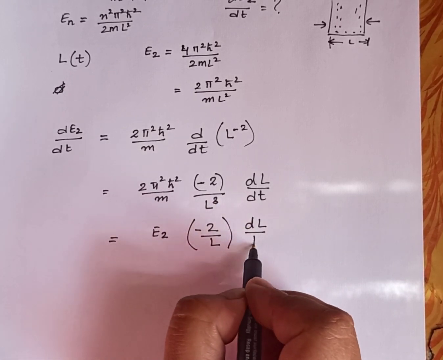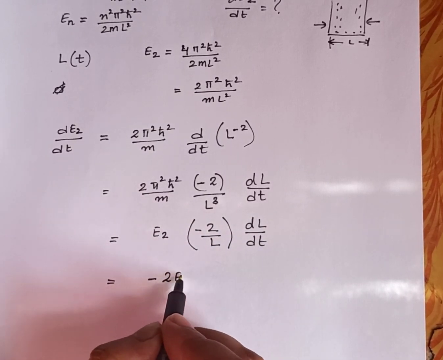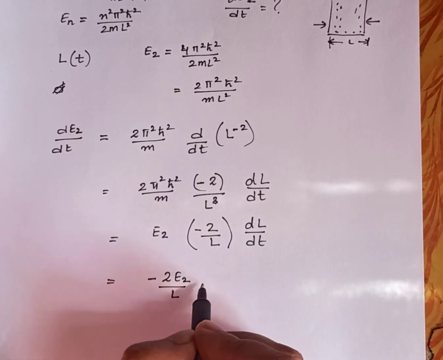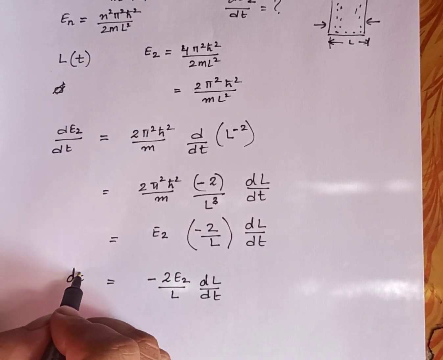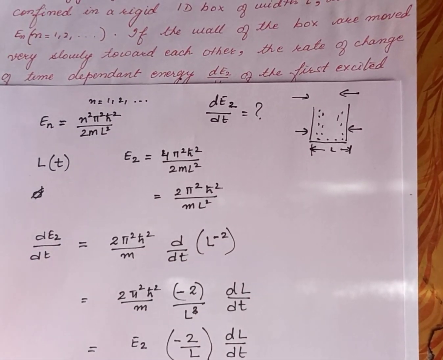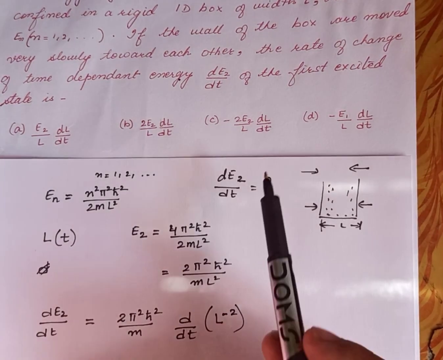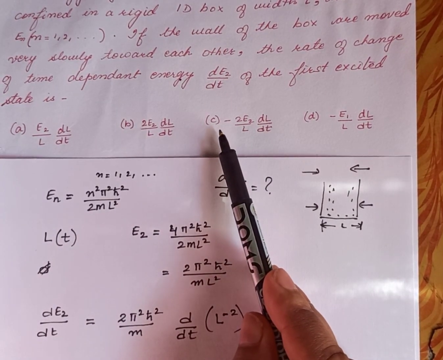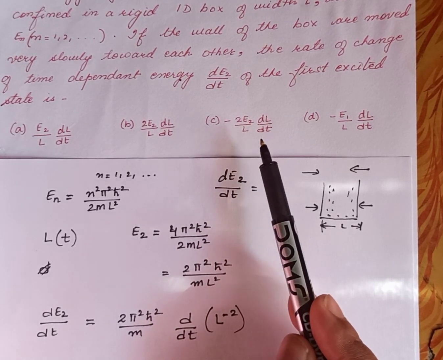So dE2 by dt is minus 2 E2 by L dL by dt. If I see in my options, the third one is the correct option, minus twice E2 by L dL by dt.